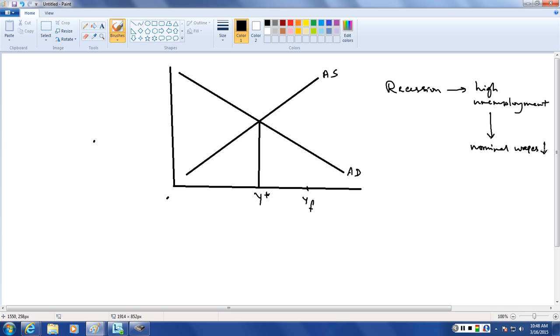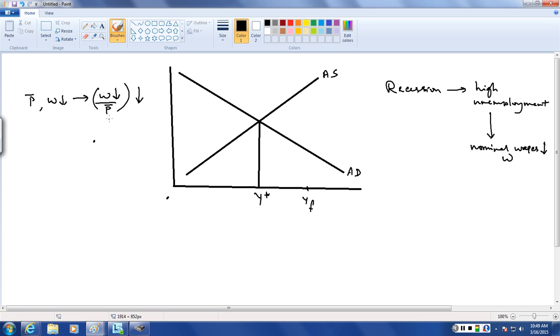And can someone recall the effect of falling nominal wages on this diagram? What happens when the nominal wage W falls? Does anyone recall? Well, we're holding the price level constant and we're reducing the nominal wage. What does that do to the real wage? The real wage is W by P, correct? So we have W falling and the price level constant. Of course, that causes the real wage to drop. Is that correct?